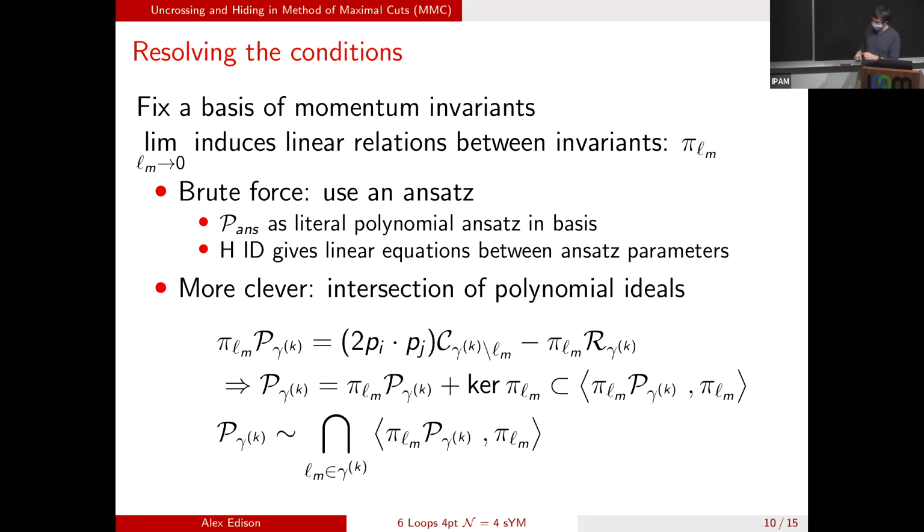However, we can do slightly better, and that is that we can interpret the constraints that we have as forming polynomial ideals in some geometry. So we note that since we can calculate each of the projections, we also know that the final polynomial is always going to be the sum of the projection plus something that's in the kernel of the projection. And this defines an element inside of a polynomial ideal.